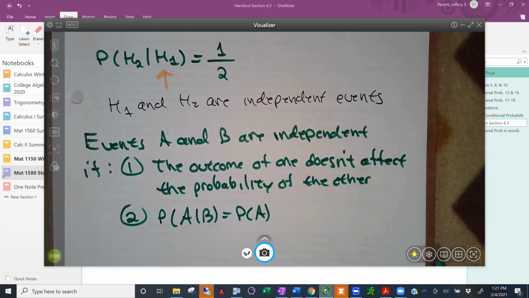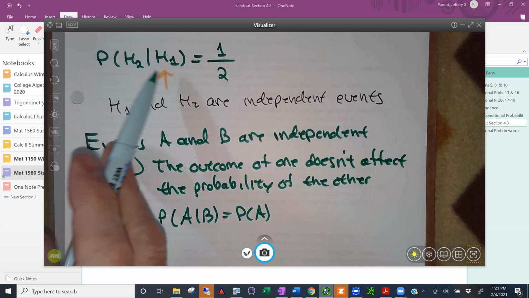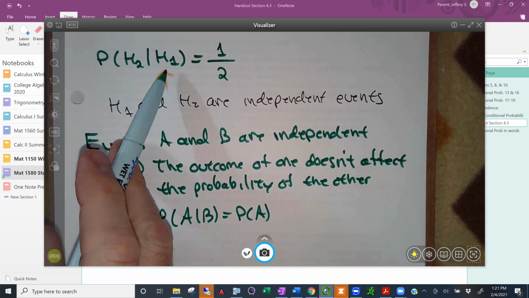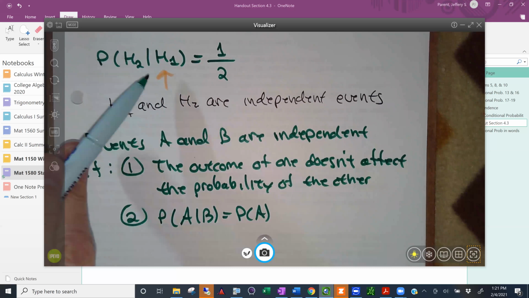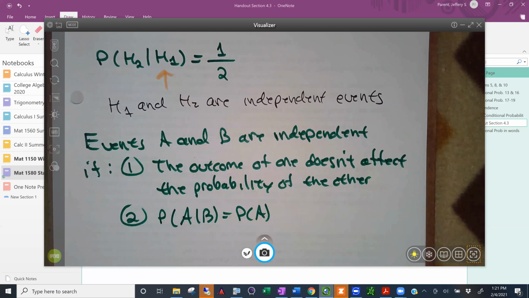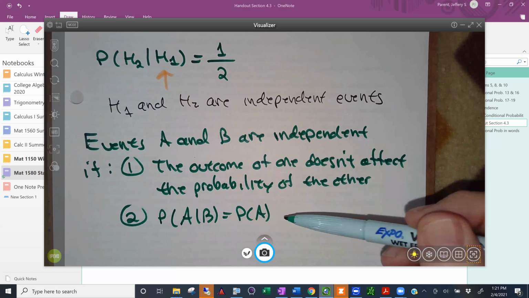Just like up above in our previous example, probability of a head on the second flip was 1 out of 2. Probability of a head on the second flip, given that you had a head on the first flip, was still 1 out of 2. That is, that extra information didn't change the probability at all. So both of these are saying the same thing. This just says it with symbols.